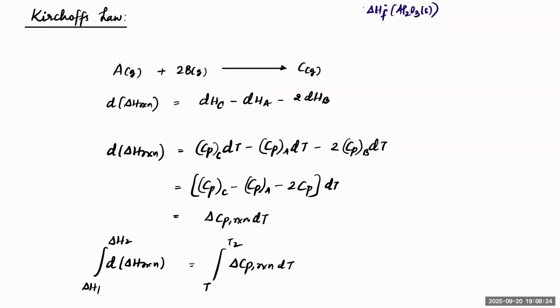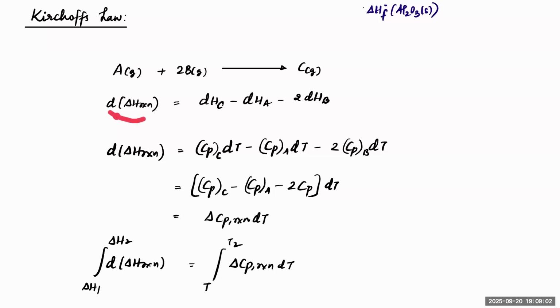Now, when it comes to a chemical reaction here, suppose there is some change in delta H of the reaction due to temperature. Imagine this reaction happening at temperature T1 first, and then again at temperature T2 the second time. So when you're performing the same reaction at two different temperatures, you might have a difference in the enthalpy.